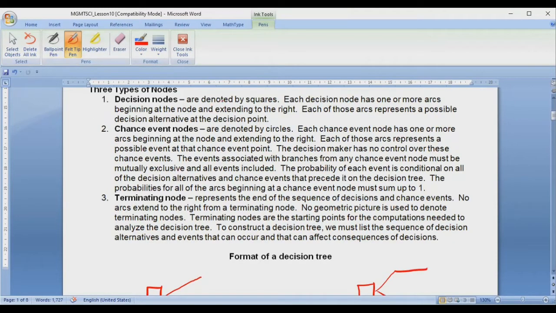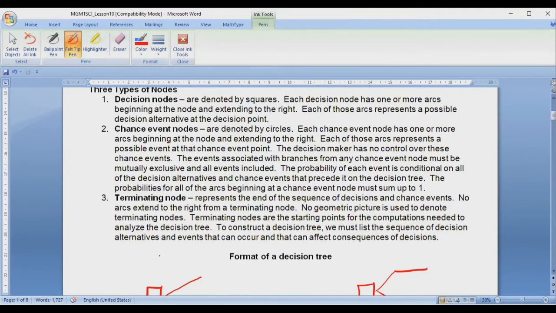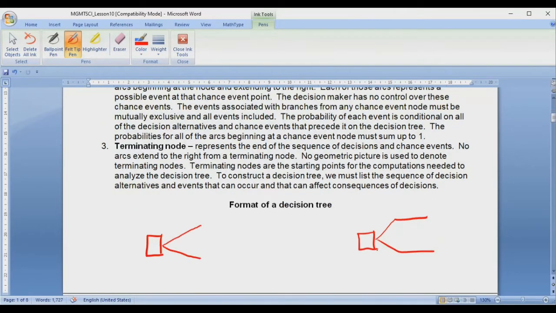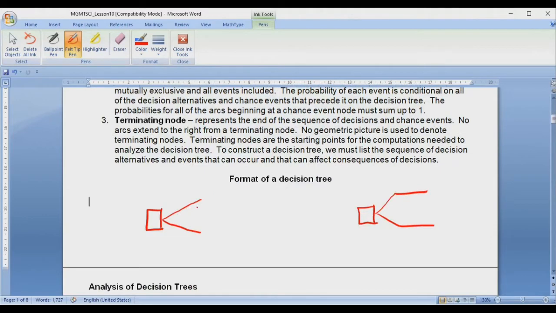Then after decision nodes, which are represented by a square, each decision node has one or more arcs beginning at the node and extending to the right, like the branches. Each of those arcs represents a possible decision alternative at the decision point. So each stem or branch represents a decision alternative.